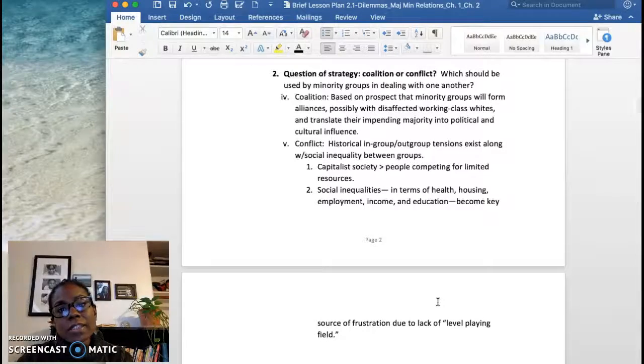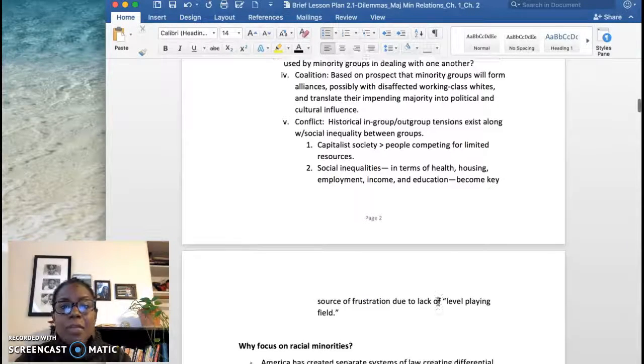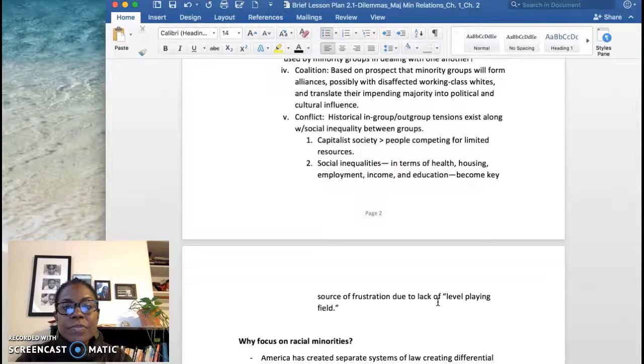Coalition or conflict? Given the tension between theory and practice, should minority groups be trying to build coalitions, working together, trying to find common ground, or should they fight it out to gain power for themselves at one another's expense?